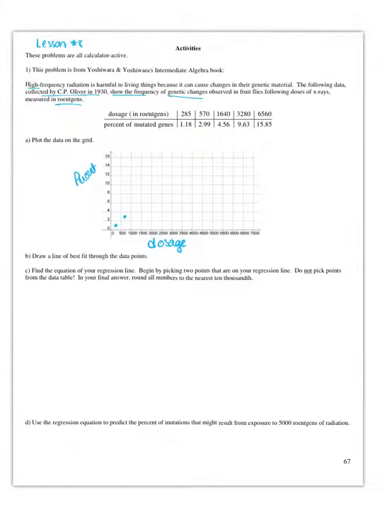Once our data points are plotted, we can draw our line of best fit, which will be a line that we are going to try to keep all of the data points kind of close to, but not necessarily going through any specific data point.